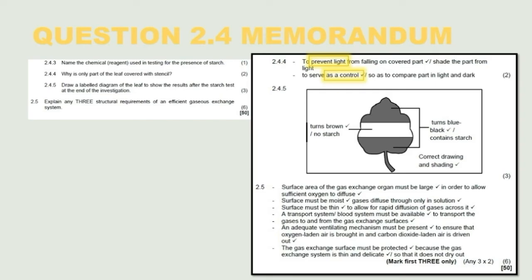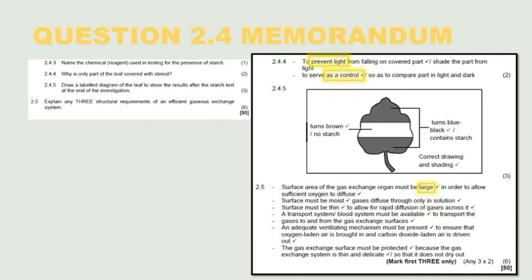Question 2.5, that's not part of photosynthesis. You had to explain 3 structural requirements of an efficient gas exchange system. So remember again, you mentioned 3 structures and then why they make it efficient for gas exchange. So question number 2.5.